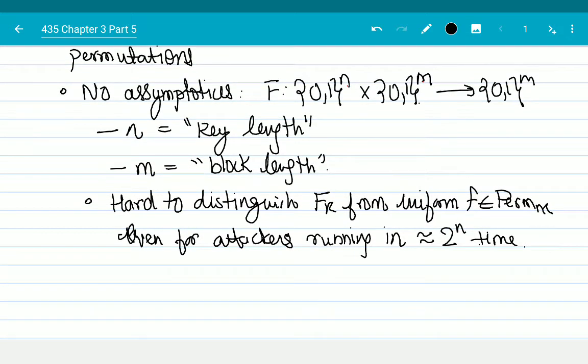So instead of just polynomial time, we can define block ciphers so that they're hard to distinguish even for exponential time.